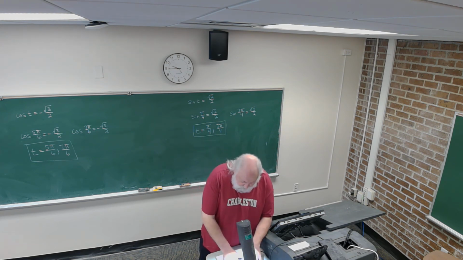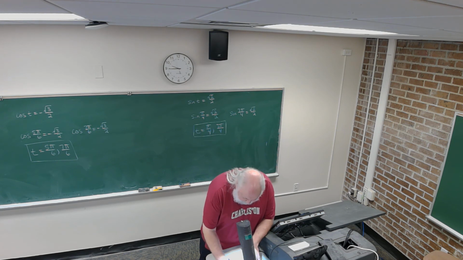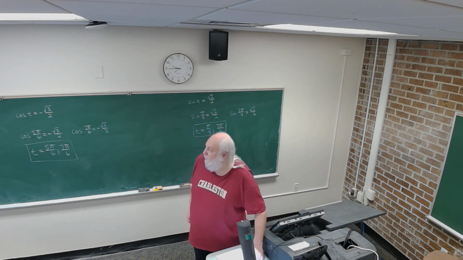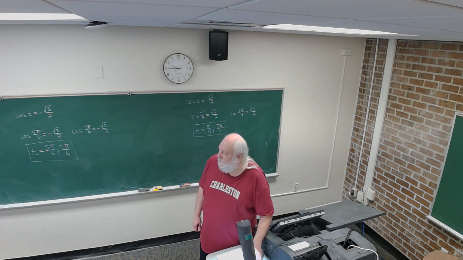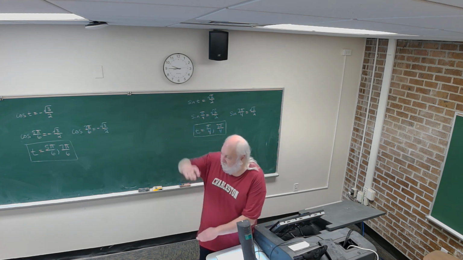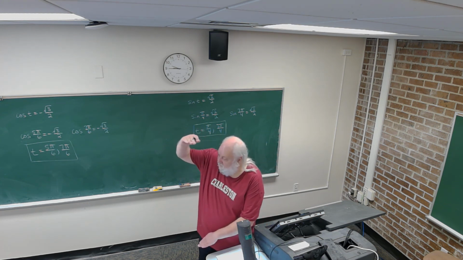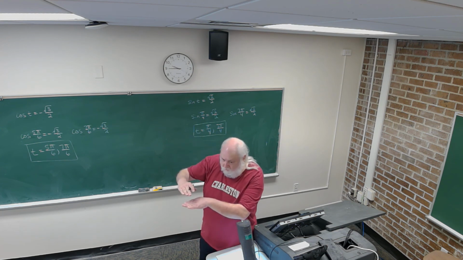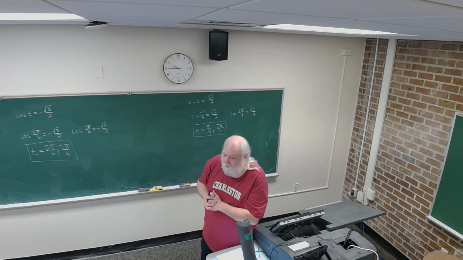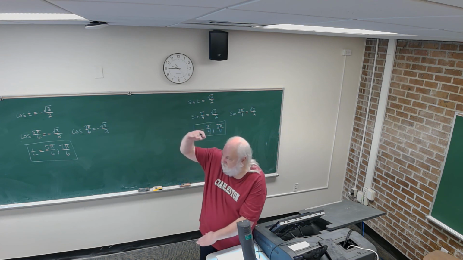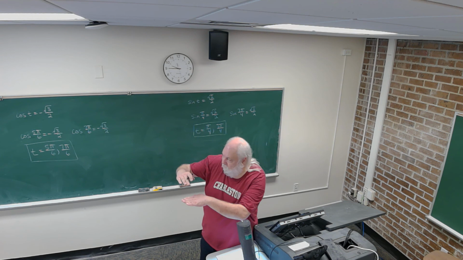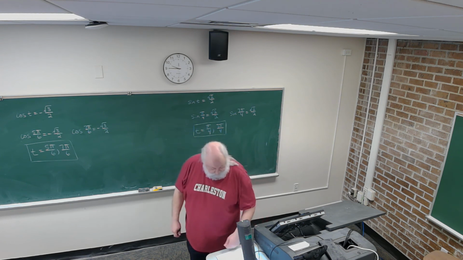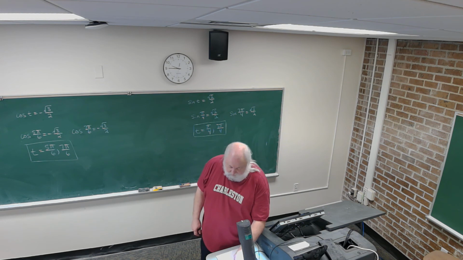From our study of transformations of functions, remember, we have y equals f of x, and if we multiply the right-hand side, the function f of x, by a constant c, a real number c, that either caused a vertical stretch in the graph of f of x, or it caused a compression in the graph of f of x. Remember, if c was greater than 1, it was a stretch. If c was between 0 and 1, it was a compression. And so a here acts like c.